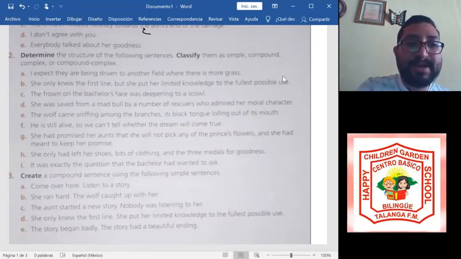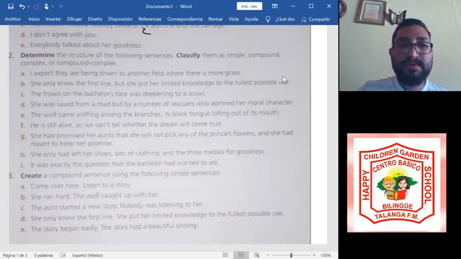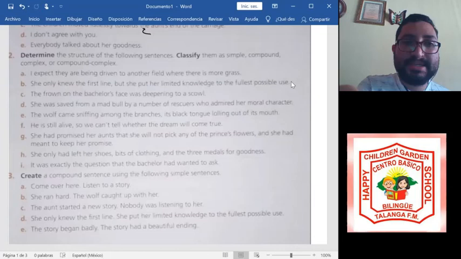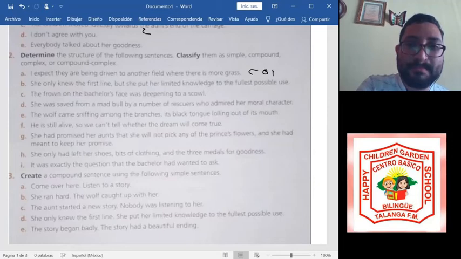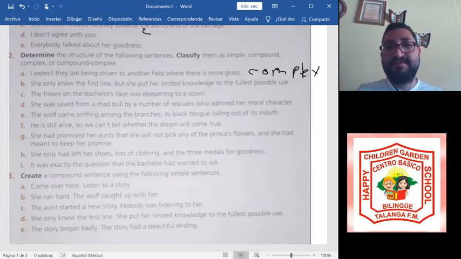We got, I expect they are being driven to another field, where is joining the other sentence together. There is more grass. So sorry, this is a complex sentence. Put complex, okay? Sorry for the letters. I'm doing the best I can over here.